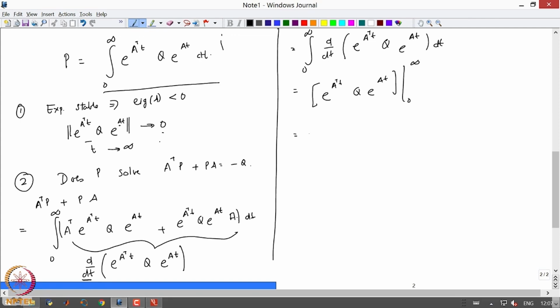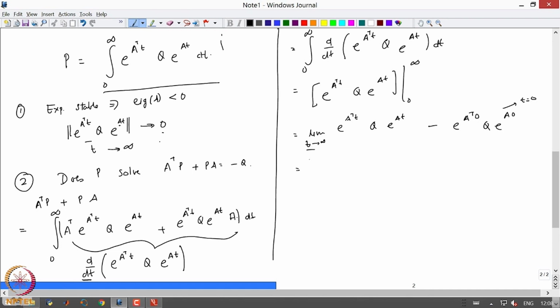So, I am looking at the limit as t goes to infinity of e power A transpose t Q e power A t, minus the value at t equal to 0, which is e power A transpose 0 Q e power A 0. I am looking at the second term at t equal to 0 and the first term as t goes to infinity.